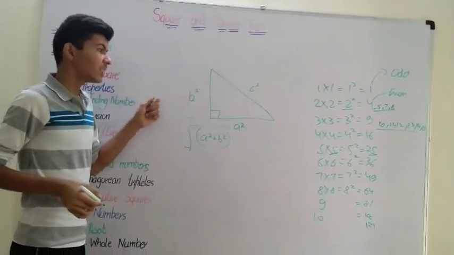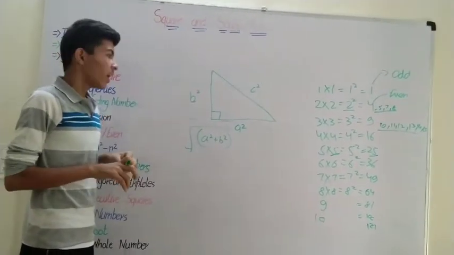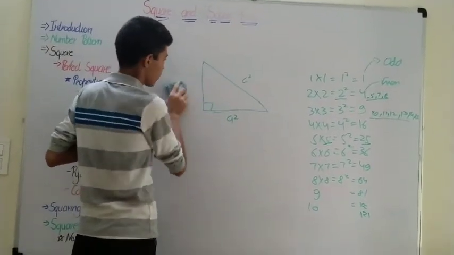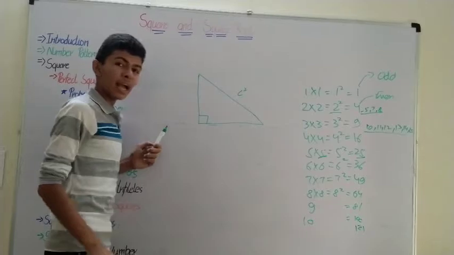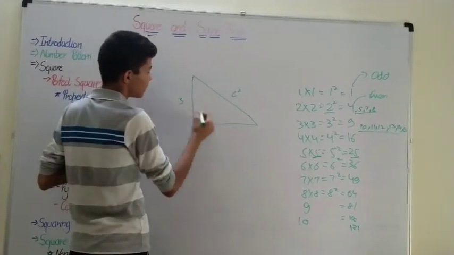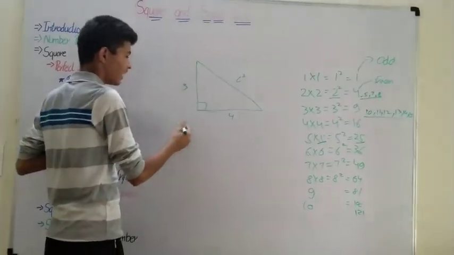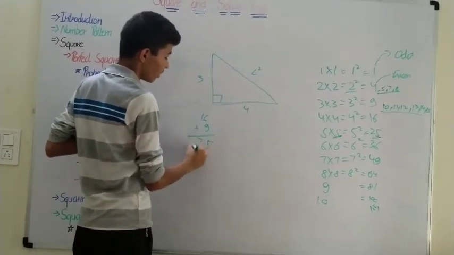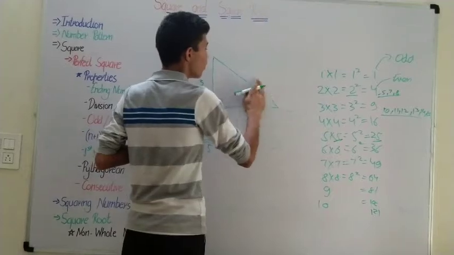So which numbers follow this pattern? If I take this number as 3 and this number as 4, then 4 square is 16, and 3 square is 9. So the answer we get is 25. The square root of 25 gives this value as 5.